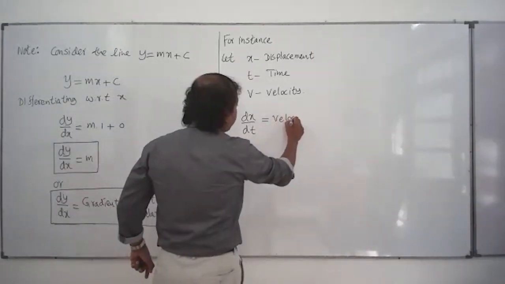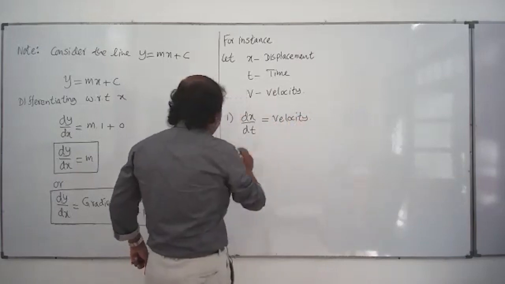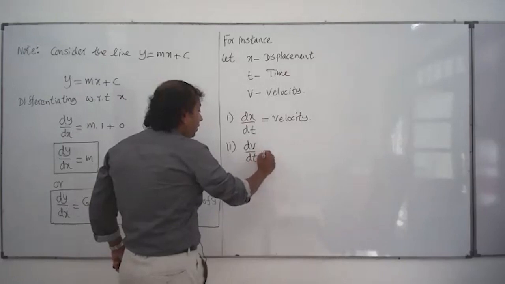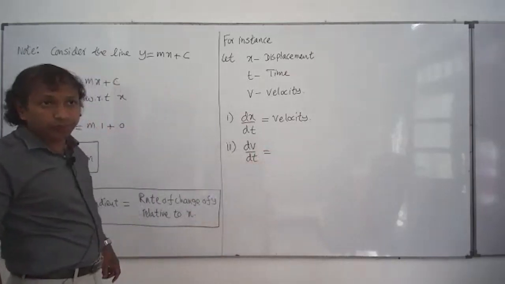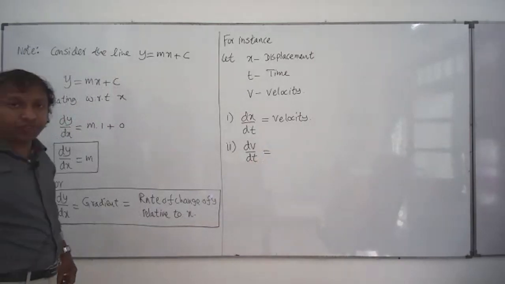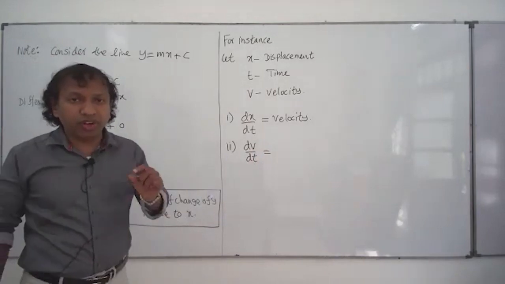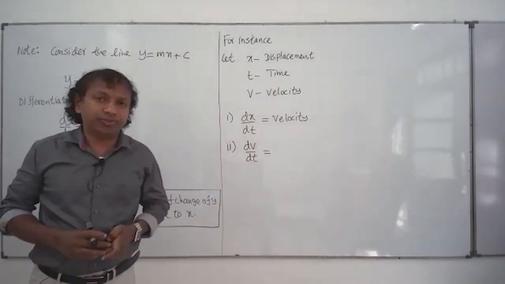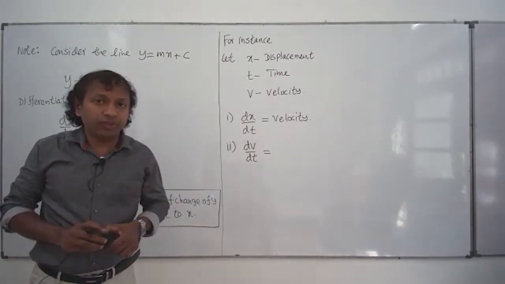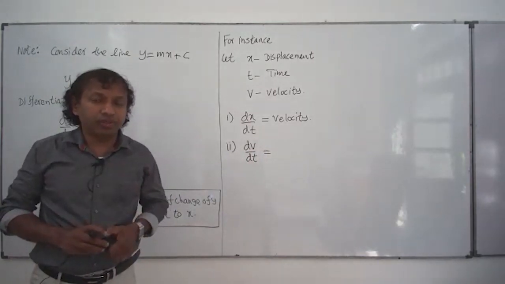Number 2, dv by dt. Rate of change of velocity relative to time. That means in 1 second, the change of velocity, an increment or decrease of velocity.